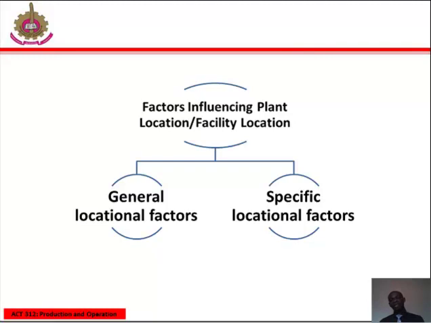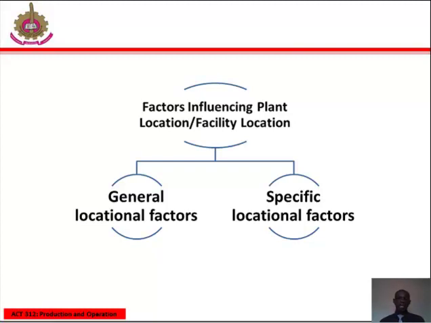It is appropriate to divide the factors which influence the plant location or facility location on the basis of the nature of the organization as general location factors, which include controllable and uncontrollable factors for all types of organization.